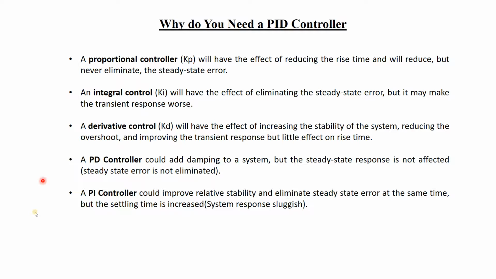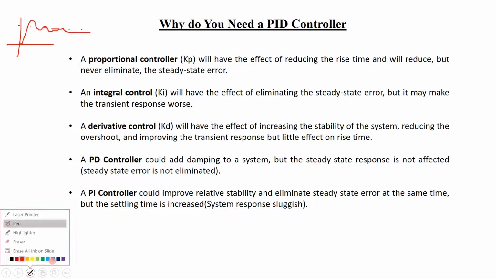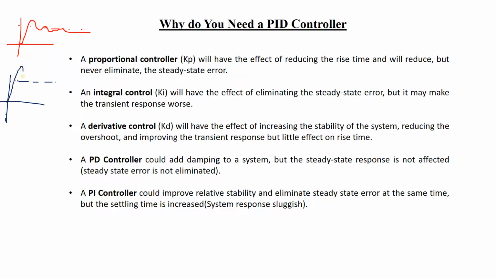If you take PI controller, so what will happen, it will eliminate the error, but the settling time is increased. Settling time means it will take more time, because what is the problem with the PI controller? The derivative was reducing the overshoot, but PI will keep the overshoot increased, it will reduce the error, but the settling time will be increased.